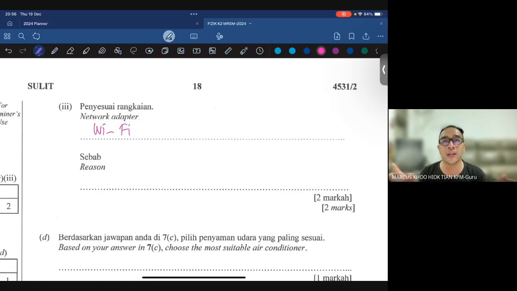Let's say you're in the car, and you want to prepare your room so that when you come home, the aircon is already on. Nowadays everything is at your fingertips, at your handphone.